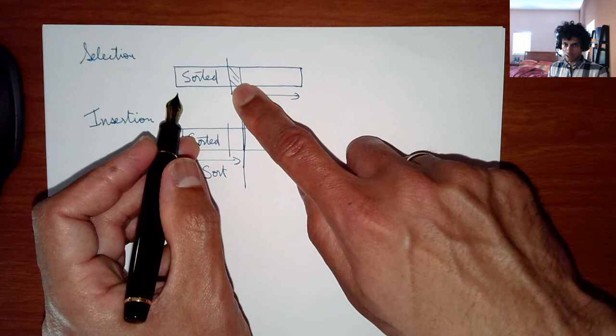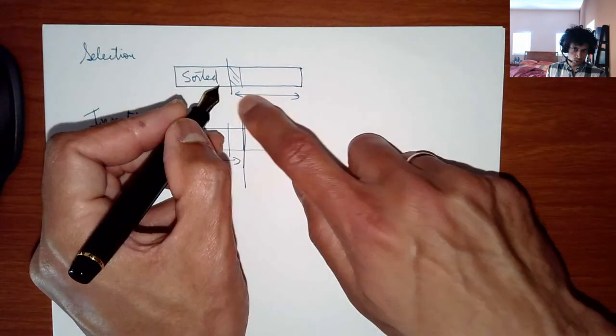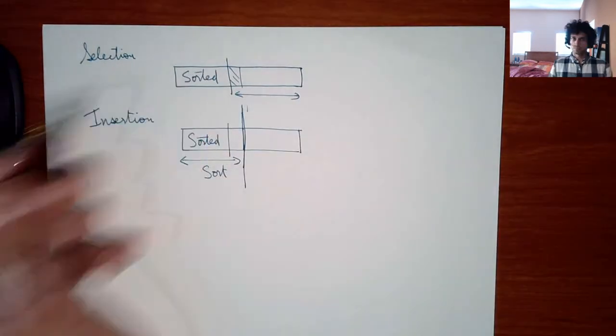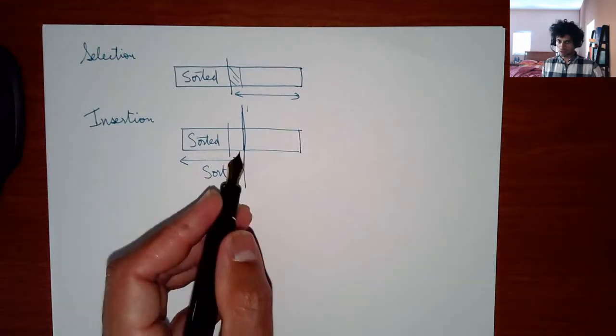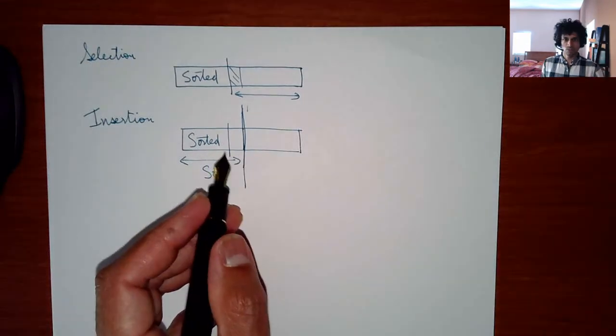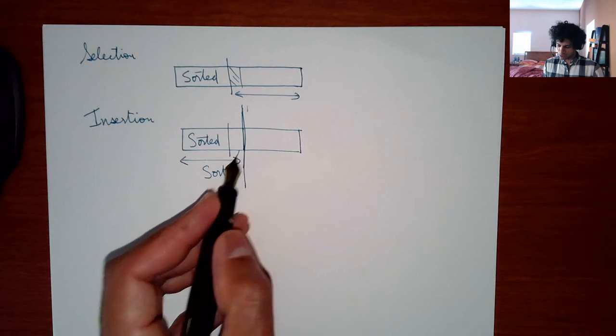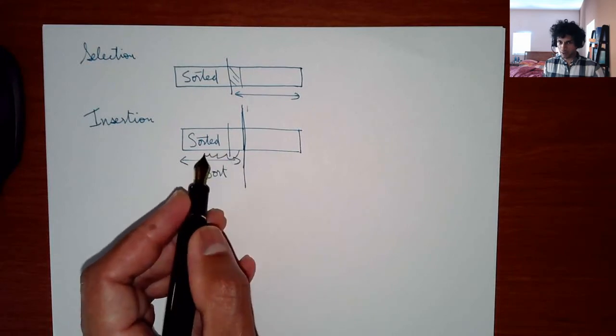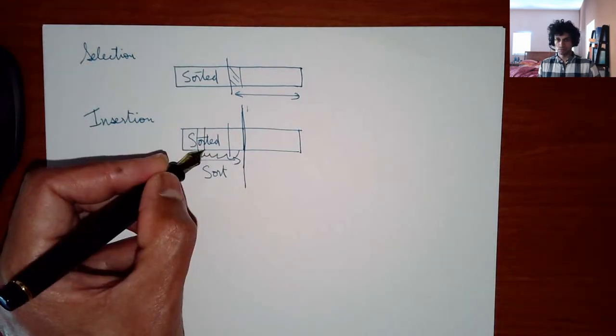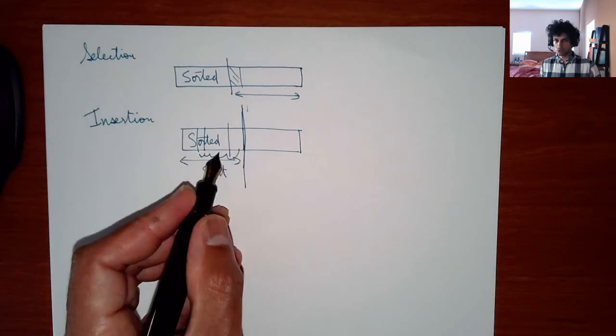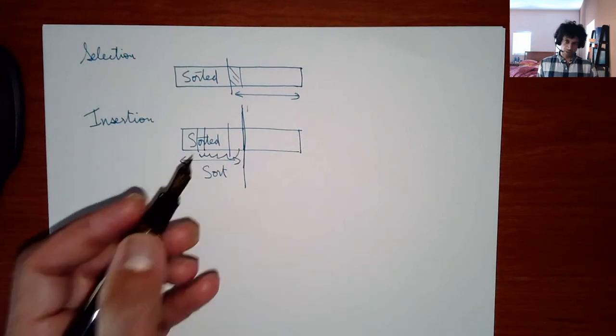Remember, selection sort doesn't sort everything on this side. It goes all the way, finds a minimum and puts it. Insertion sort just says, let's find out where this should go. And this is done by swapping until it goes to the right position. So this element just keeps swapping with its neighbors until it goes to the right position.